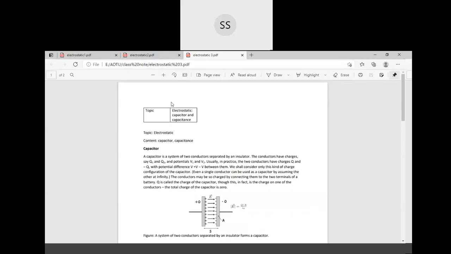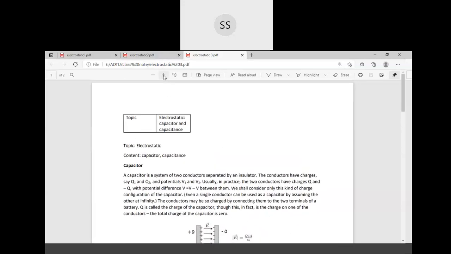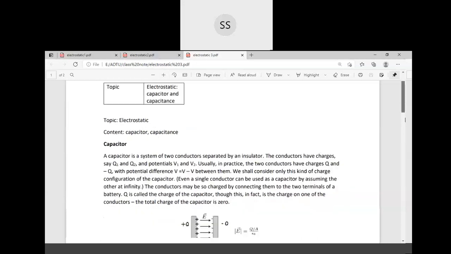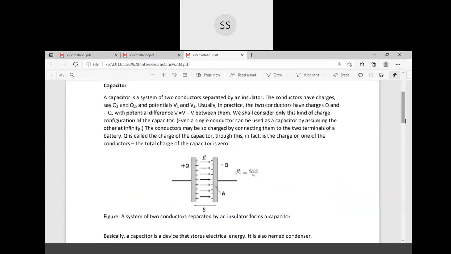Next topic is capacitor and capacitance. A capacitor is basically an object which stores charge or energy, and when we need the charge, it will provide it for any electrical device.